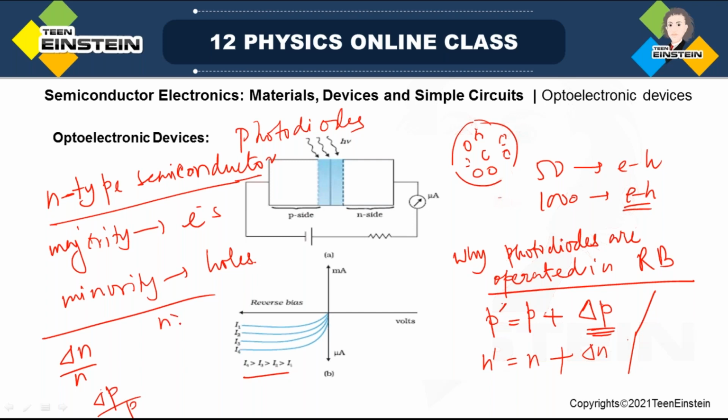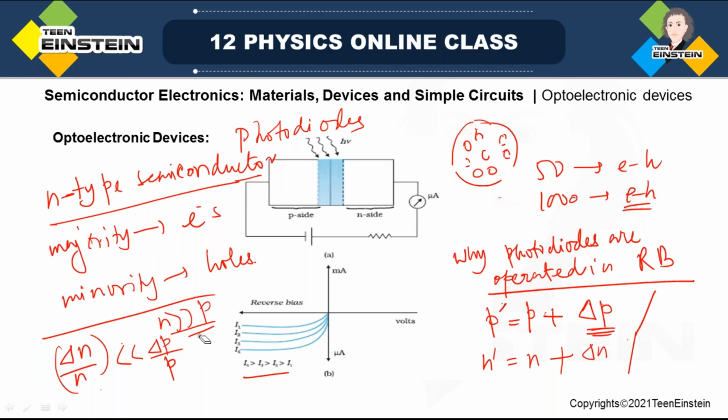Since n is much greater than p, the fractional change of the electrons will be much less than the fractional change of charge carriers in the p region.